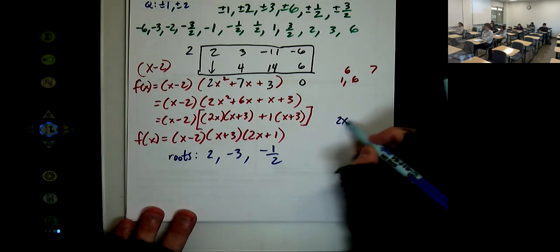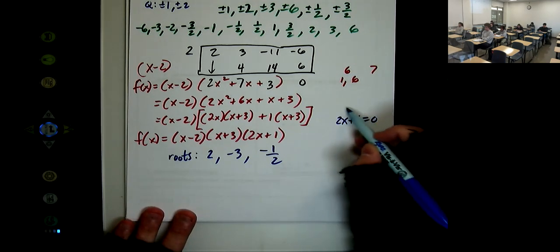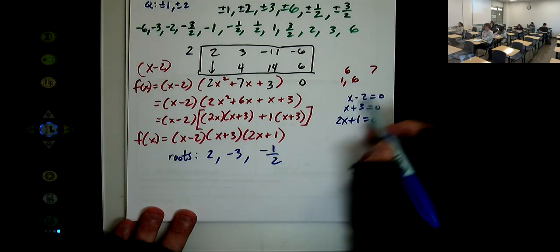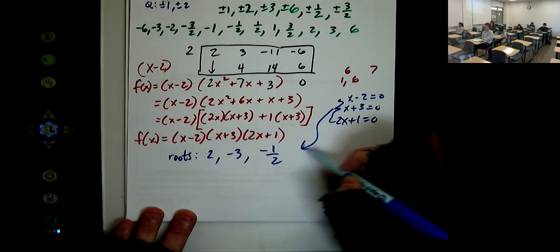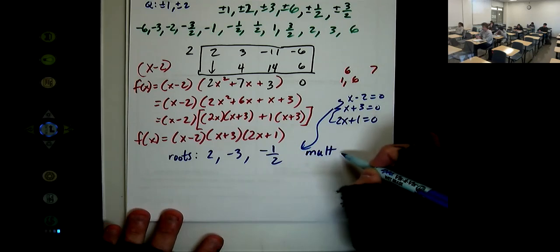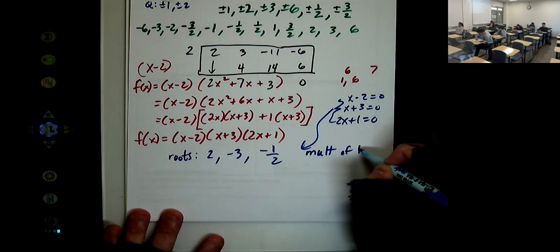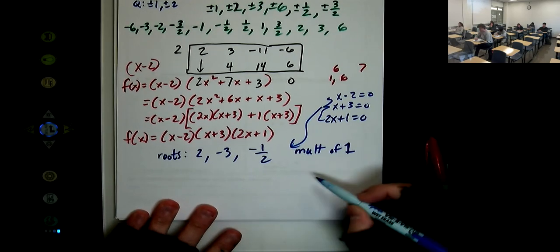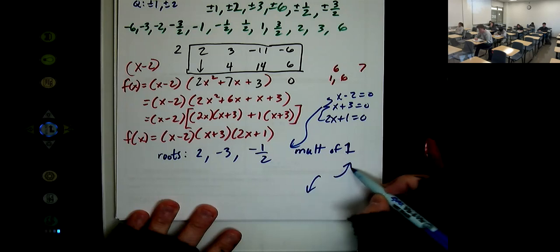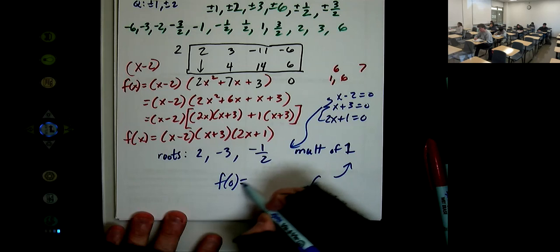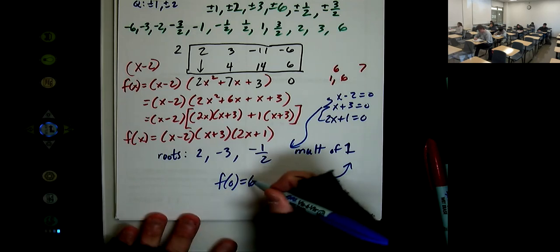So you need to set each one equal to 0. They are all multiplicity of 1. I know my end behavior is like that. And I know f of 0 equals -6.